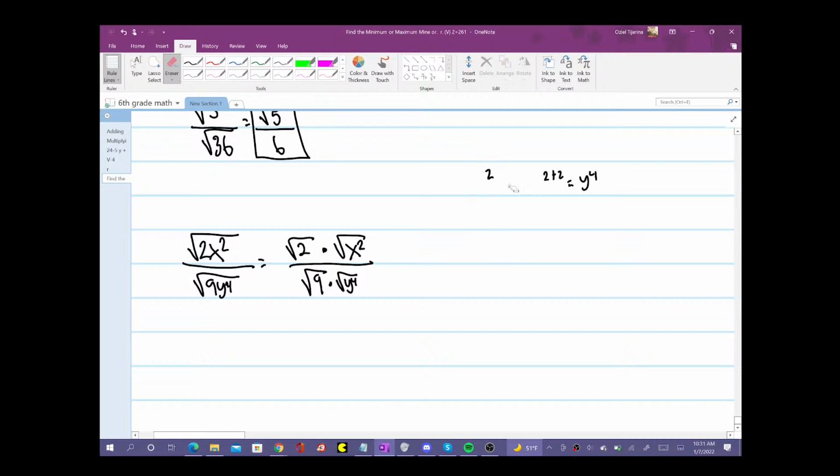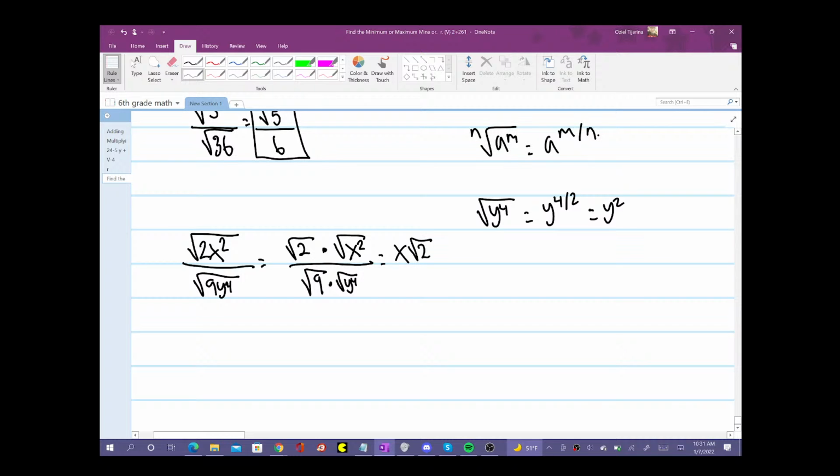Or actually, remember the square root of y to the 4th equals y to the 4 over 2 power, so this equals y squared, right? Because the nth root of a to the m equals a to the m over n power. So this becomes x square root of 2 over 3 y squared. Okay.